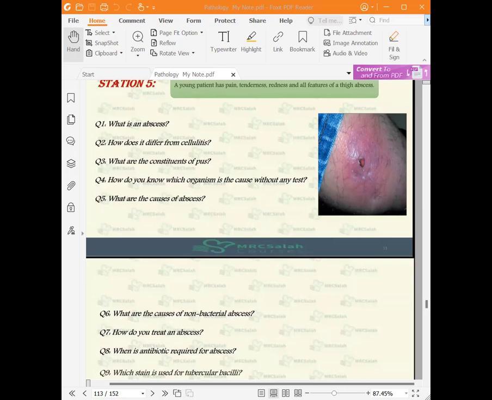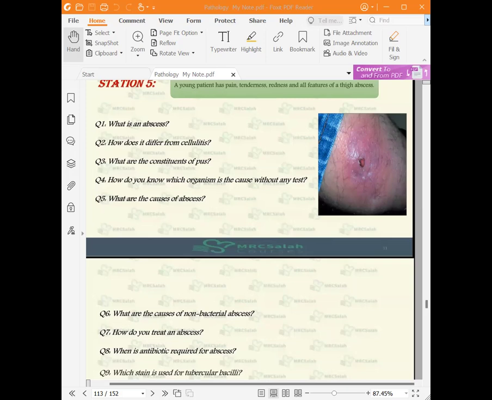How do you know which organism is the cause without any test? By color of pus.